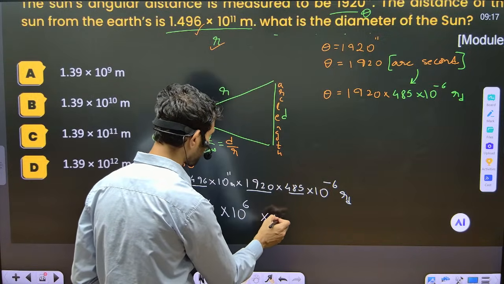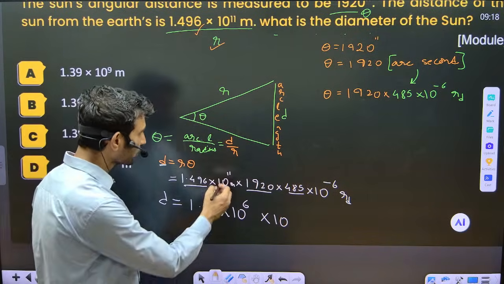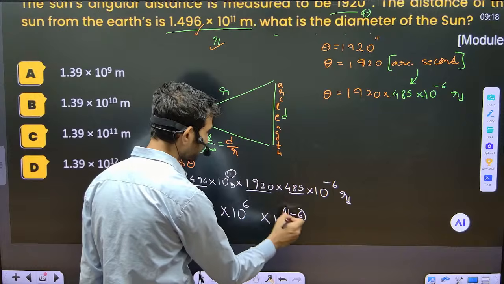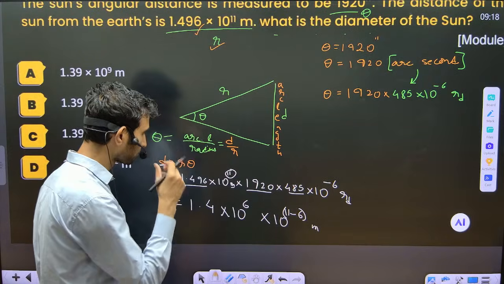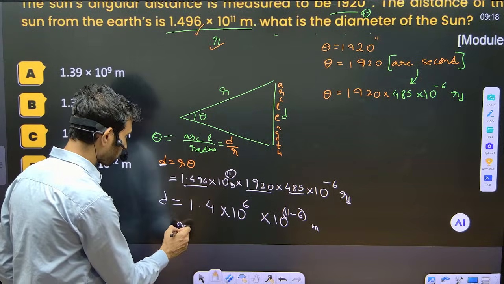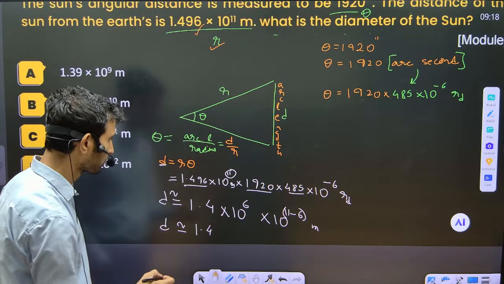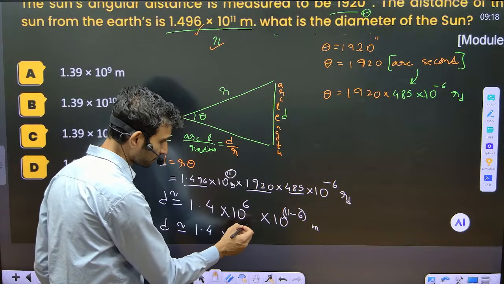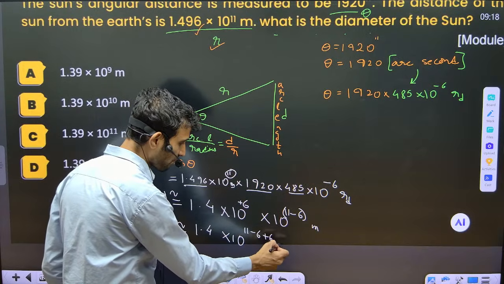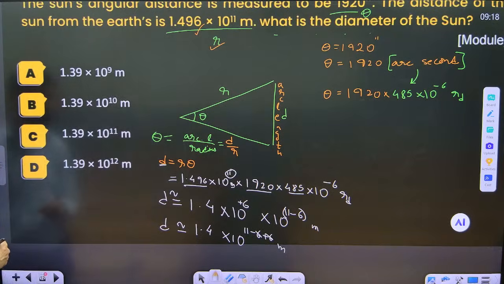And then what is left over, guys? 10 to the power, how much is left over? 10 to the power 11 minus 6, right? Into meters. So we are getting almost equal to 1.4 into 10 raised to the power 11 minus 6, and then this plus 6 will also get added, right? Plus 6, and those two will get cancelled, and we are getting which option approximately?